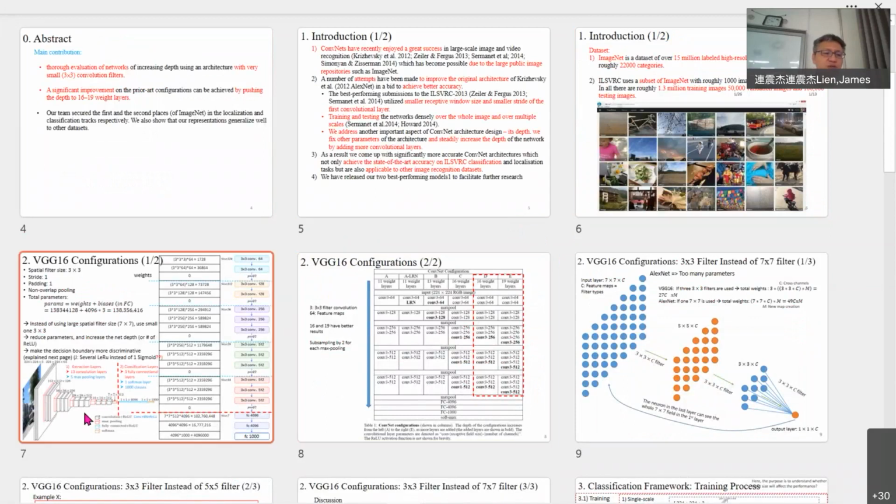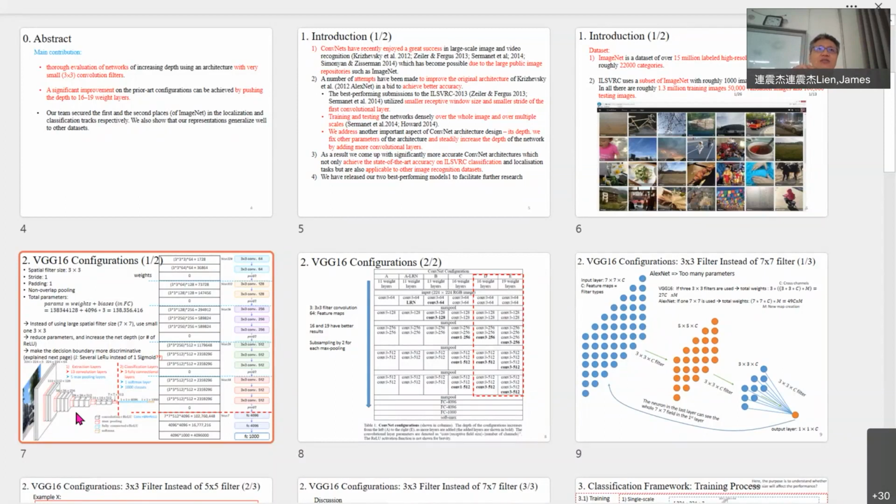So back to here. What will we learn from VGG? The first one is that VGG is deep. They have 16 layers, actually 5 blocks of convolution layers, plus 3 layers. VGG16 is 13 plus 3.